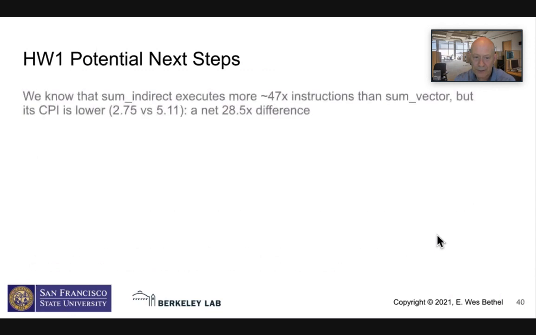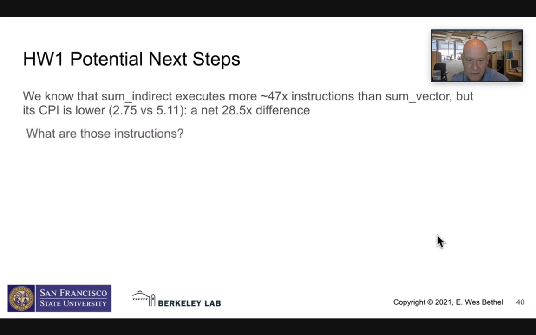Okay, so potential next steps for homework 1. Well, we know that sum indirect executes 47x more instructions than sum vector, but its cycles per instruction is a lot lower, right? So if you multiply out those two things and come up with a figure of cycles, sum indirect is only 28 and a half times more cycles than sum vector.